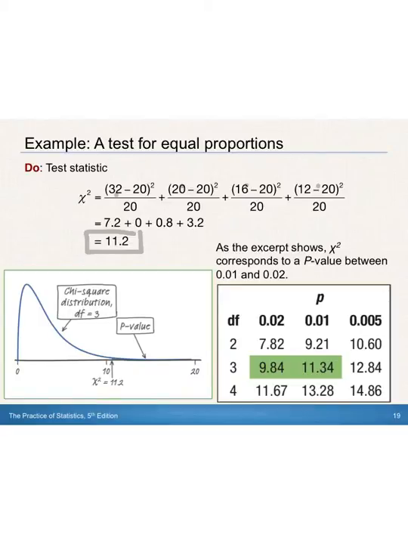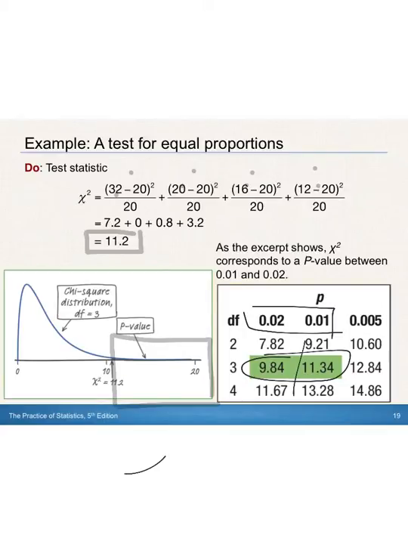That seems kind of high, but once again, we're going to check it by looking at a chi-square distribution with degrees of freedom of 3, because there are 4 categories. 4 minus 1 is 3. Then we go to the degrees of freedom of 3, and here is our 11.2, somewhere in the middle of this. So our p-value is between 0.02 and 0.01, and we decided we were going to work with an alpha of 0.05.